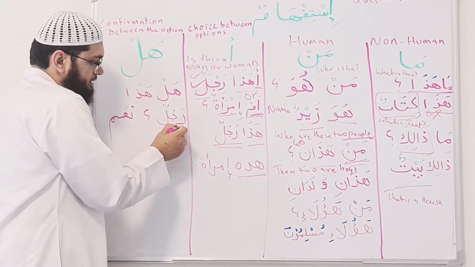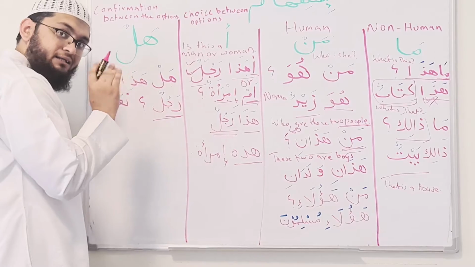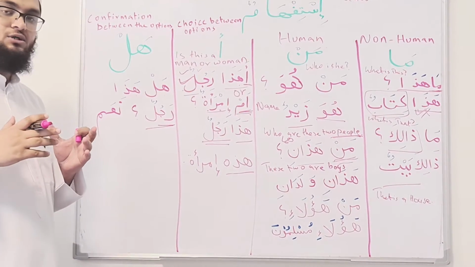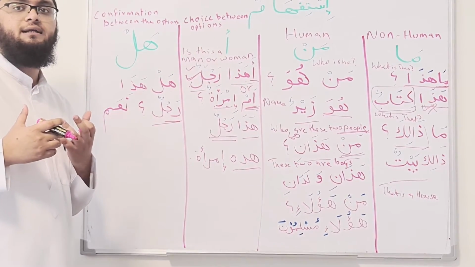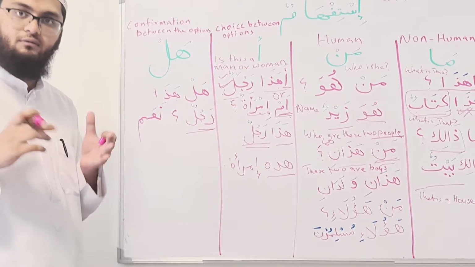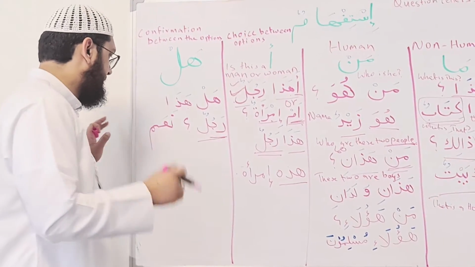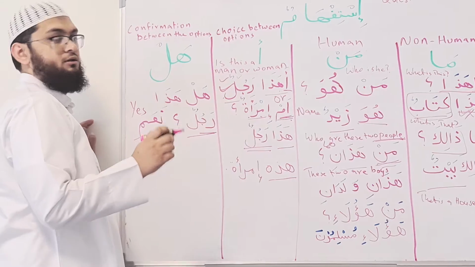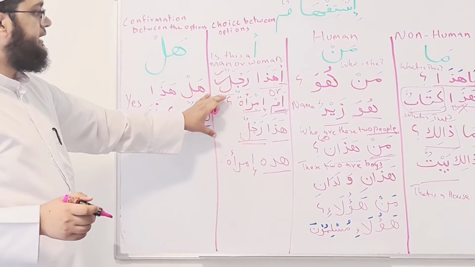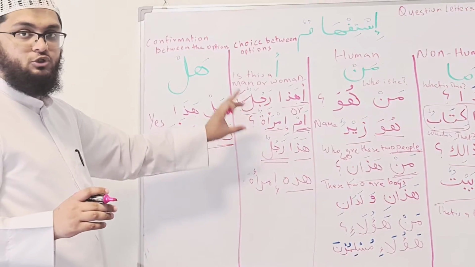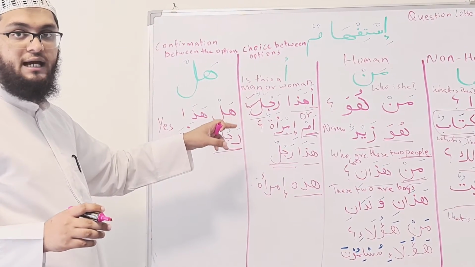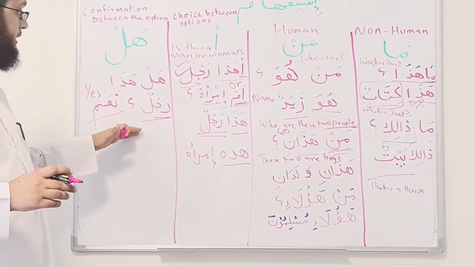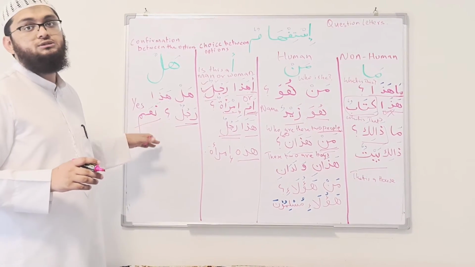This is because he knows that a man came, or that the person is a man, but he wants to confirm that he is right in his thinking. So in that case, the answer will be na'am, yes. That's all. Here the difference is, in the earlier case he does not exactly know between the two, is it a man or a female, so he asks for a choice. But here he knows it's a man, but he still wants confirmation.